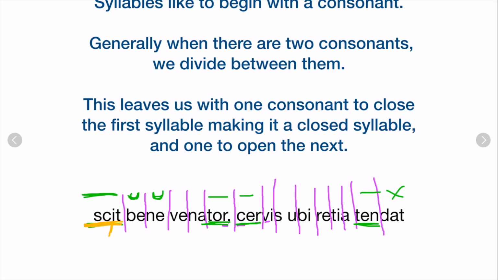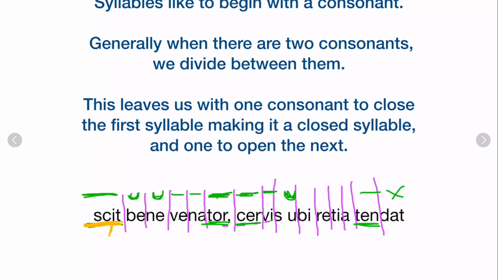The E in venator, that's long. That's long because the E and the A are long by nature. Tor is a long syllable because it's closed. Care is a long syllable because it's closed. Wees is a long syllable because that I is long by nature.